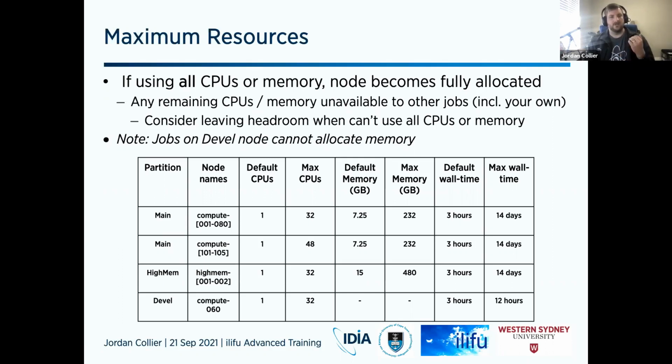It's important also to note that if you use all of the CPUs or all of the memory, that node becomes fully allocated. And so any remaining CPUs or memory are unavailable to other jobs, including your own jobs. So if you have a process that can use all of one but not the other, consider leaving headroom so that yours or other people's jobs can make use of a small amount of the remaining resources for smaller jobs.